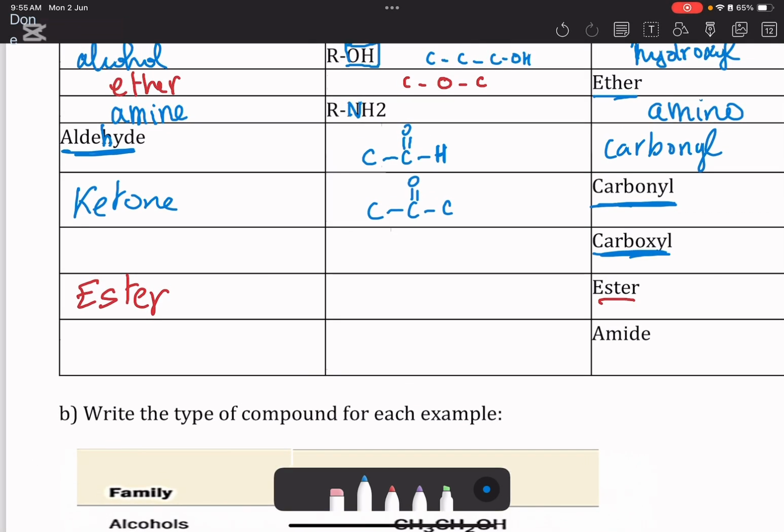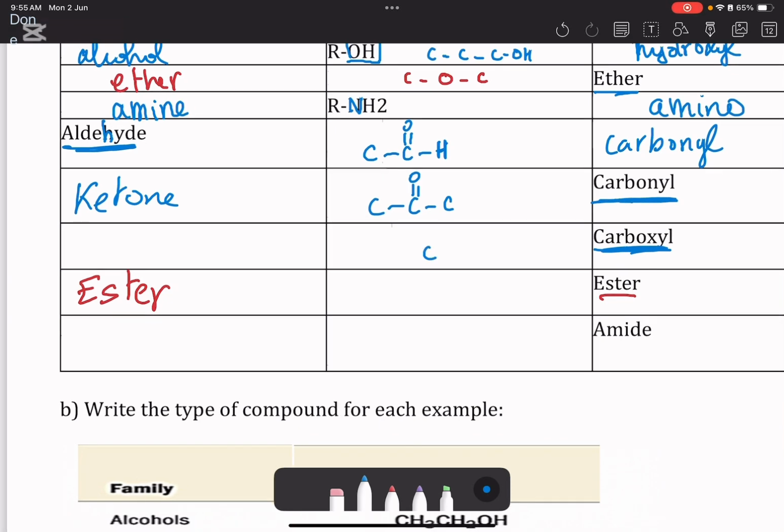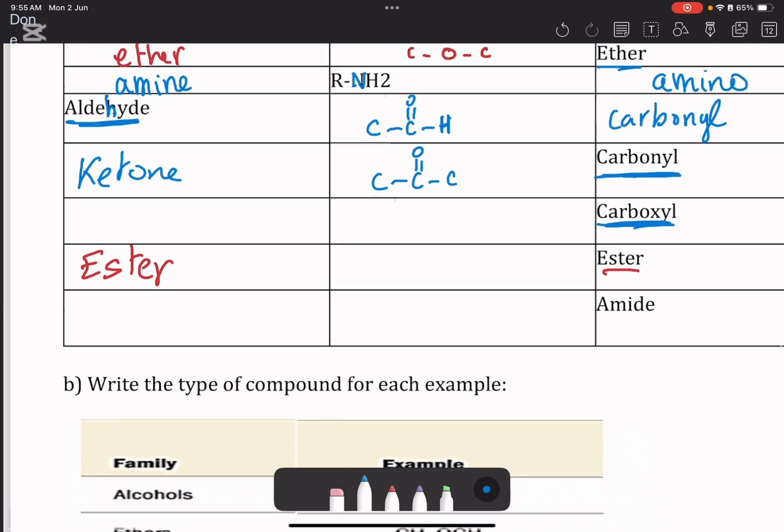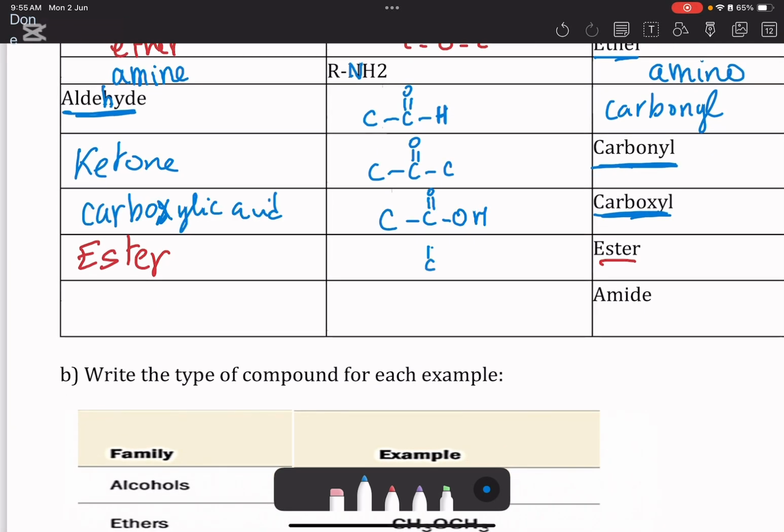Carboxyl, it means there's a hydroxyl and a carbonyl together. There's a carbonyl and a hydroxyl group together on the carbon chain, and this belongs to the family of carboxylic acids. Ester, it's a C double bond O, and then there's an O, and you continue the chain with carbons. So that's the functional group.